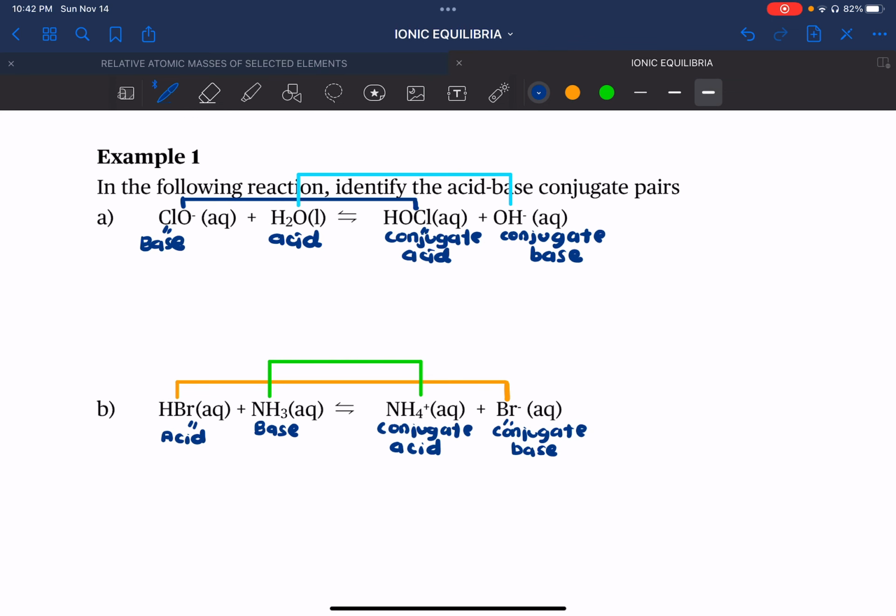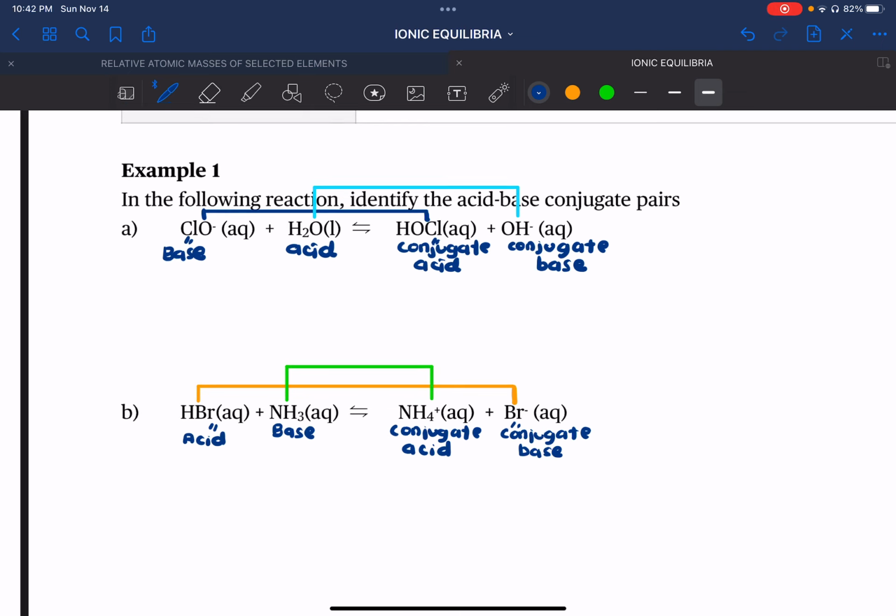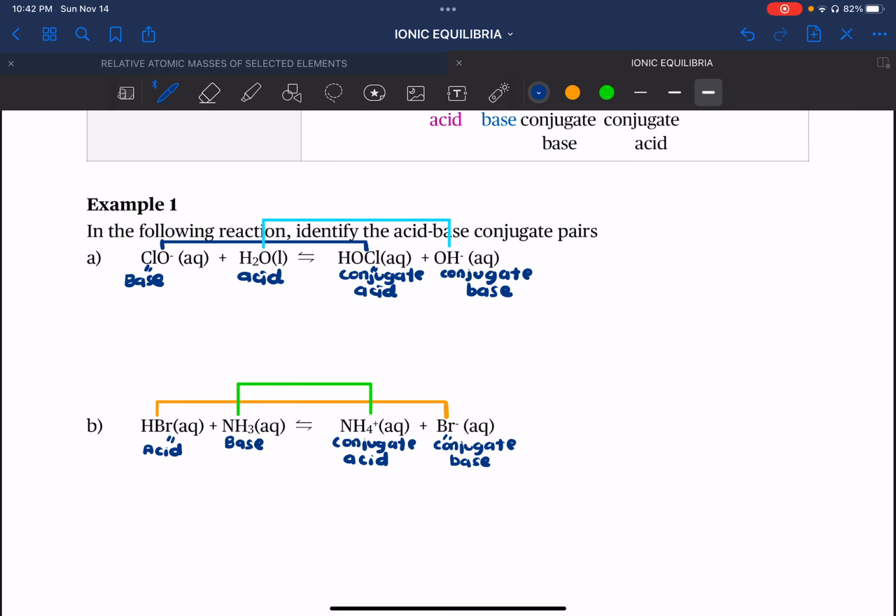Okay, so kalau dalam exam keluar, this is how you write it down. Ini soalan famous keluar exam. So basically you have to rewrite the equation. Lepas tu gunakan pembaris untuk padankan pasangan yang betul. After that you label which one acid, which one base, conjugate acid, conjugate base.